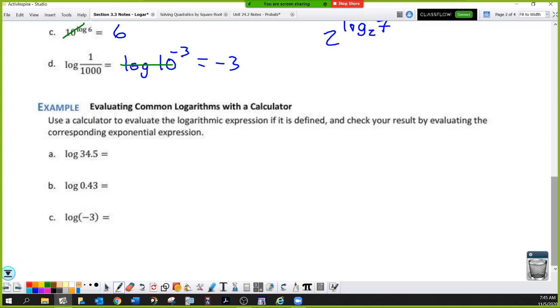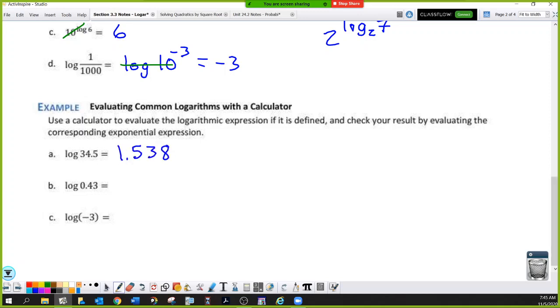If you are using a graphing calculator or the TI-30X2S, the solar-powered one, the better calculator, you just type log and then type 34.5. Be a good mathematician. Close the parentheses. The 30X2S will open a set of parentheses for you. You go ahead and close it. Either way, you're going to get the number 1.538.